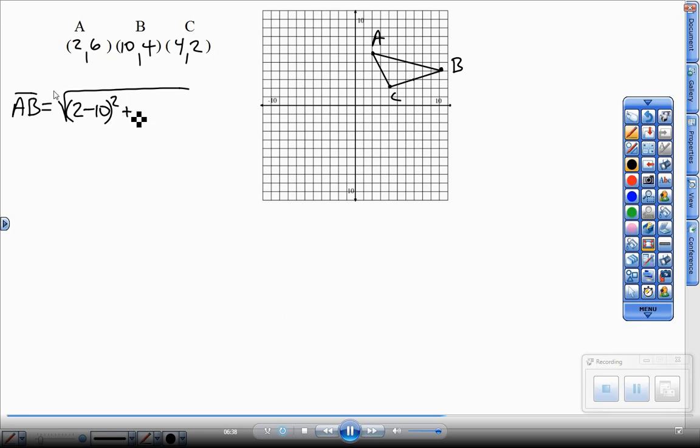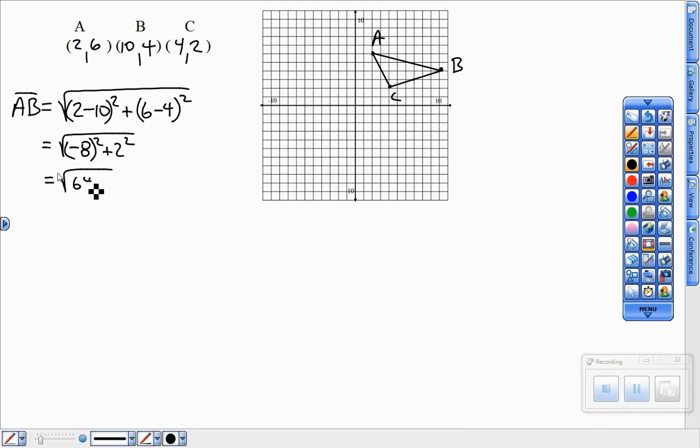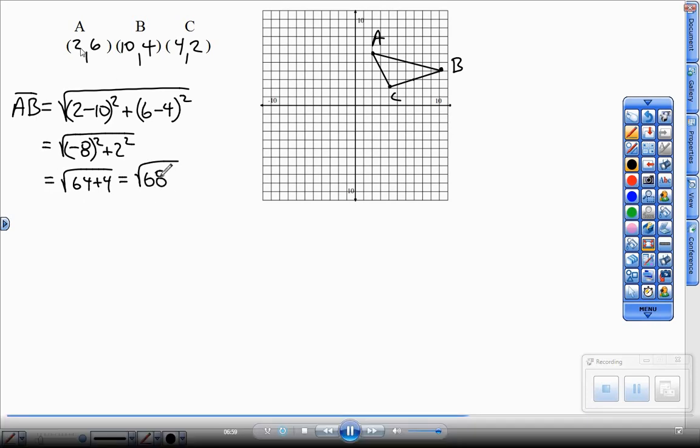So if I plug in AB, 2 minus 10 squared plus 6 minus 4 squared, that gives me the square root of negative 8 in parentheses squared plus 2 squared. Gives me 64 plus 4, which is 68. If I find the distance between A and C, I think that's what I'm doing next. So 6 minus 2, 2 minus 4.